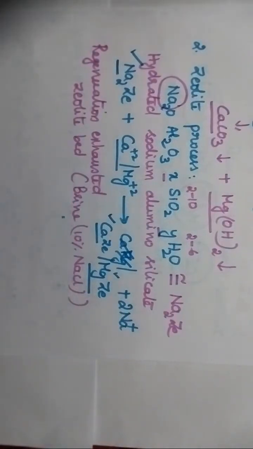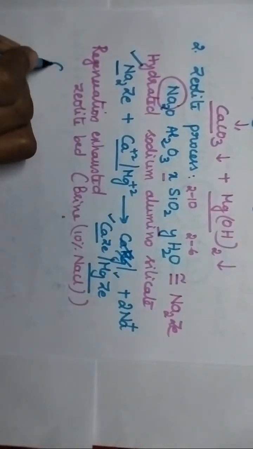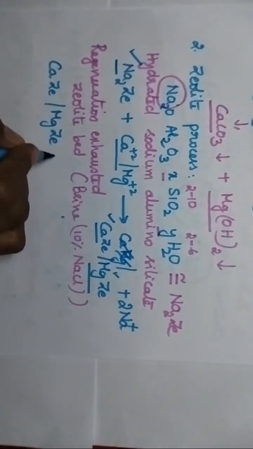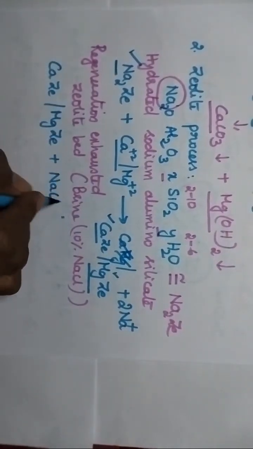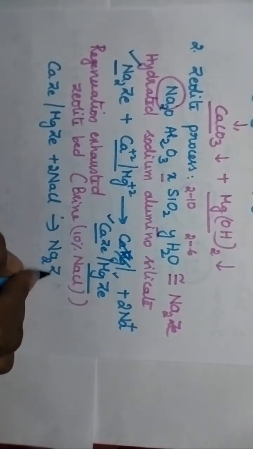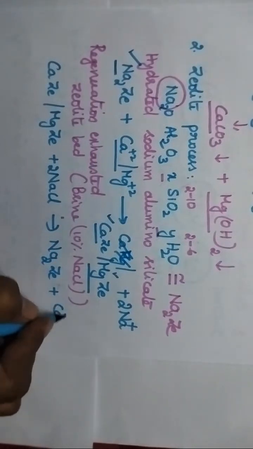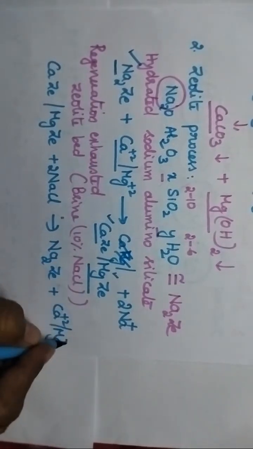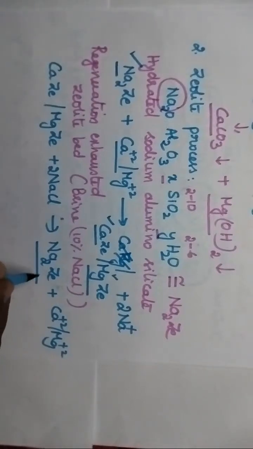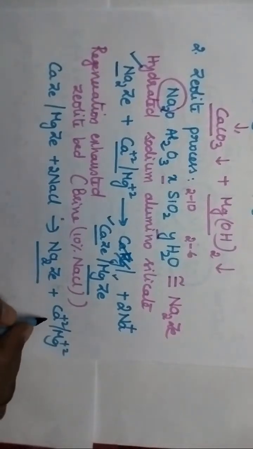Whenever the exhausted zeolite bed, that means calcium zeolite or magnesium zeolite, is treated with NaCl solution, again it results in the formation of zeolite. Here the zeolite will be regenerated.